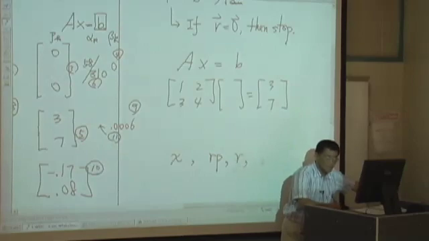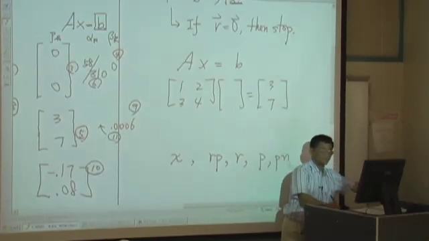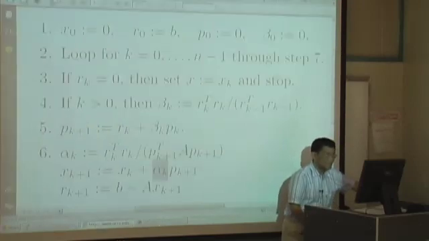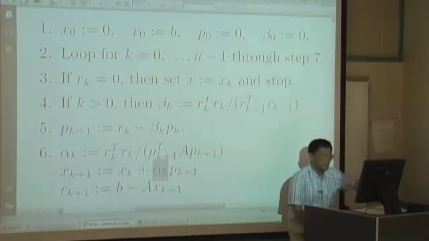And then P, and then next P, right? P next. Because, as you can see in the formula, we determine P, and then P is used to determine pk plus 1, and pk plus 1 is needed here.